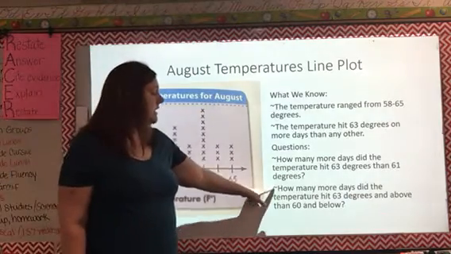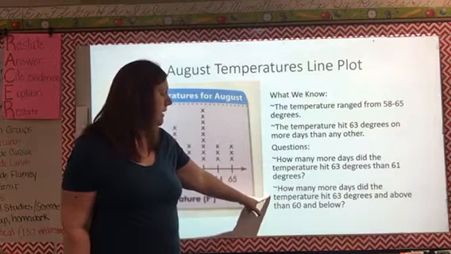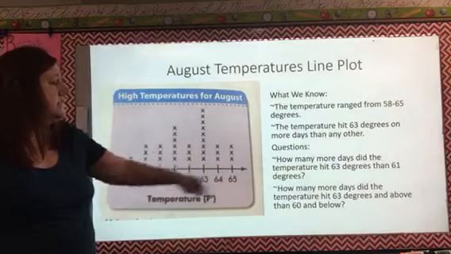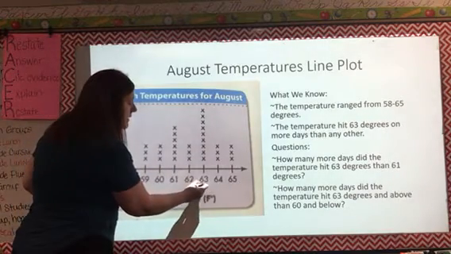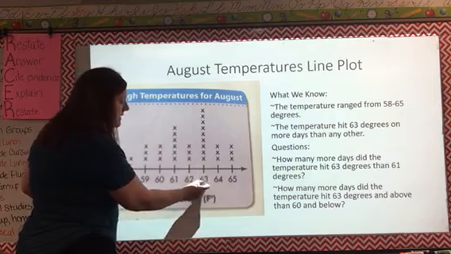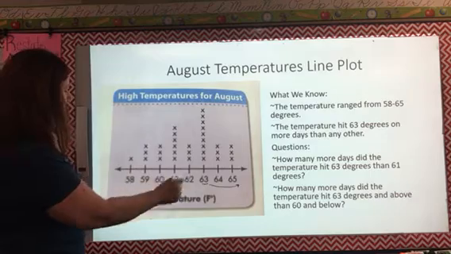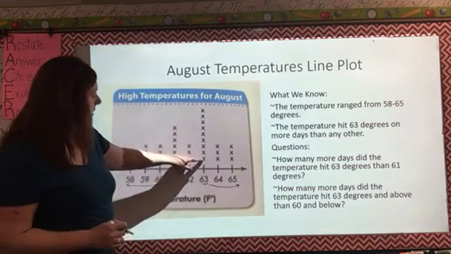The next question says, how many more days did the temperature hit 63 degrees and above than 60 and below? So we're going to start at 63 degrees, right here, and we're going to see how many days it hit 63 and above and 60 and below. So we know here we said we had 9.